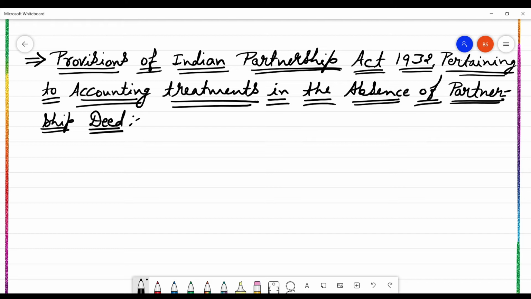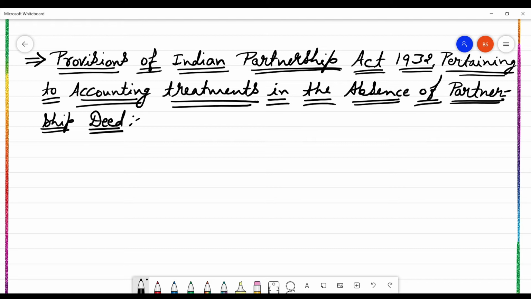So, listen carefully. First point is each partner contributes capital in the firm by mutual agreement. There is no restriction in the Act in this regard. It is not compulsory to bring capital for each partner. Second point, interest on capital of partner cannot be paid if there is no provision in the partnership deed.